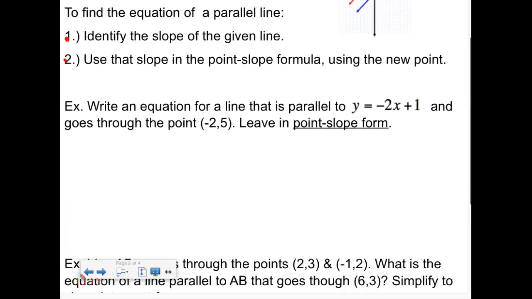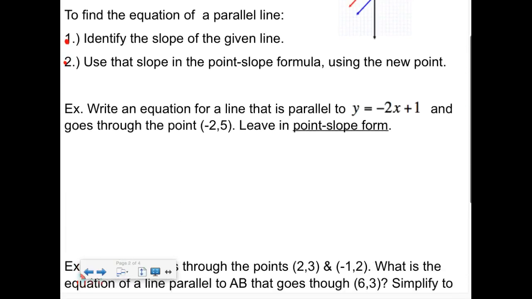Okay, so our first problem here says write an equation for the line that is parallel to y equals negative 2x plus 1, and it goes through the point negative 2, 5. And very nicely we're going to leave this in point slope form. So the number one thing we have to do is identify our slope.